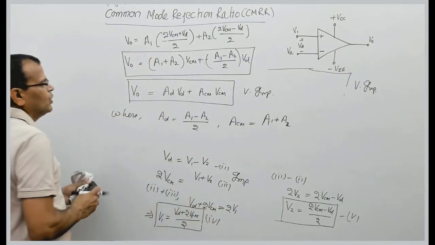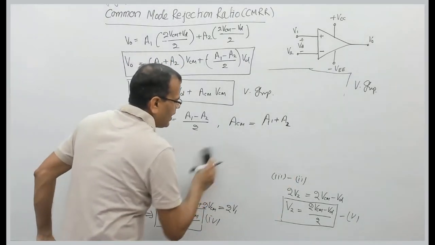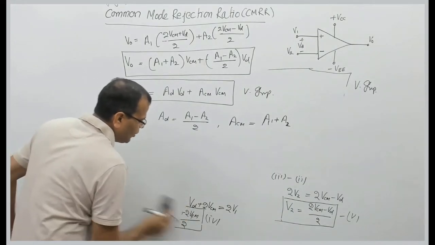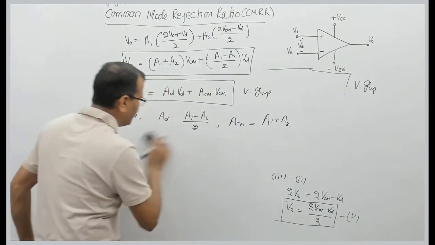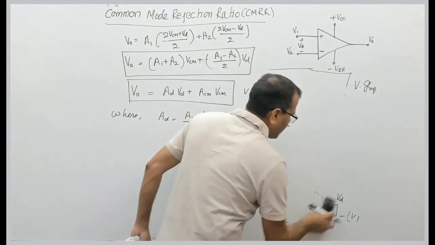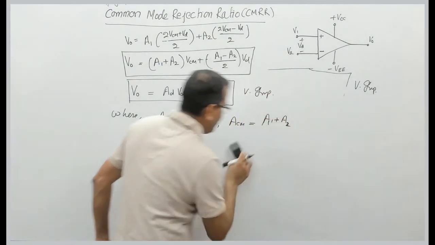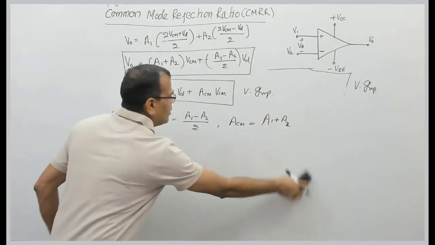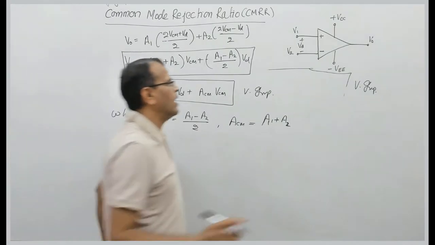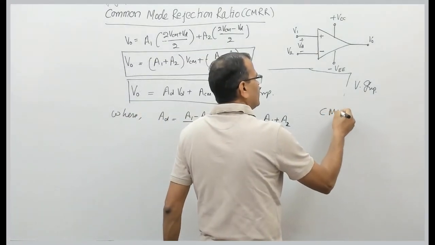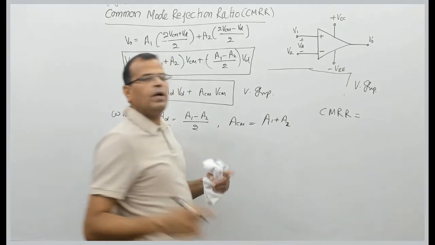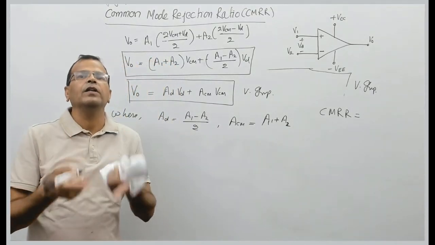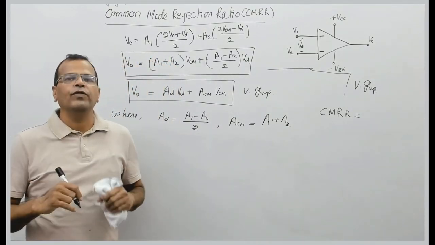Fine. So from here I can definitely write the expression of common mode rejection ratio of op-amp in terms of A1 and A2. You can see here. So from here I can write common mode rejection ratio, that is nothing but magnitude of differential gain to magnitude of common mode gain.